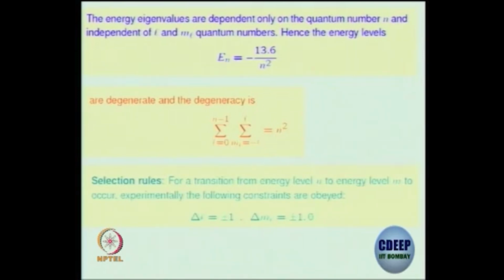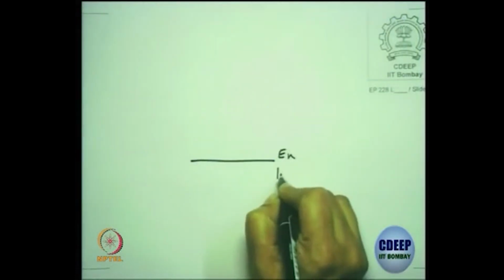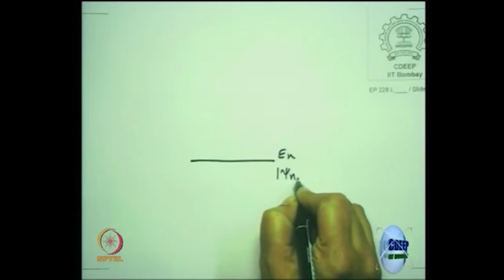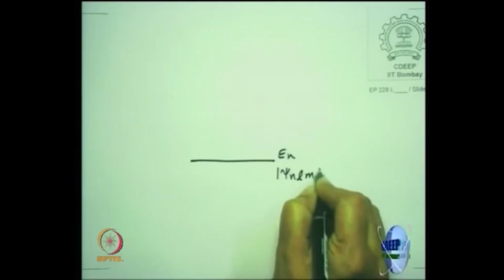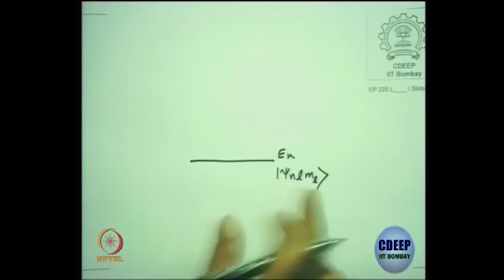There's another thing which I felt you should know: typically when we do transitions in the lab, suppose the experimenter is looking at a state with energy En and psi n L ml. The En state has 2n squared degeneracy if you include spin quantum number; if you don't include it, it is n squared degeneracy. I am taking a specific state here.